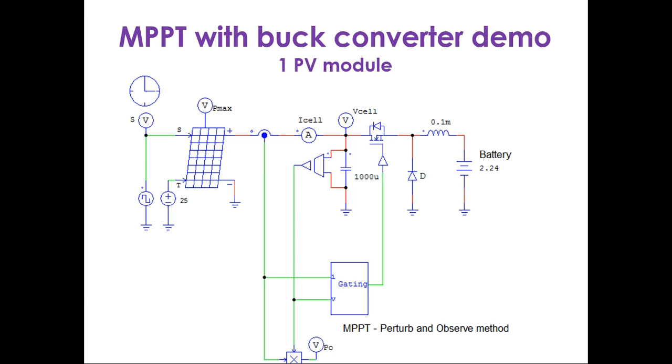Now before proceeding further, the perturb and observe algorithm is used for gradually varying climatic conditions, and the incremental conductance algorithm is used for fast changing climatic conditions.